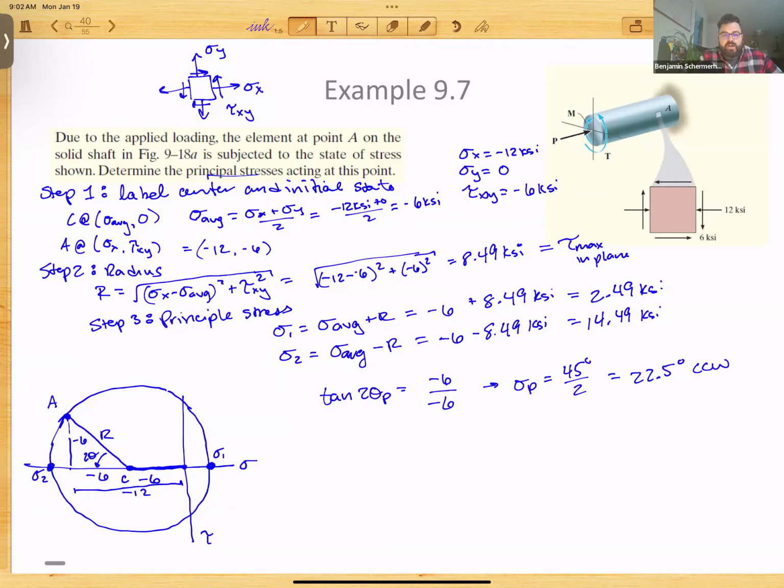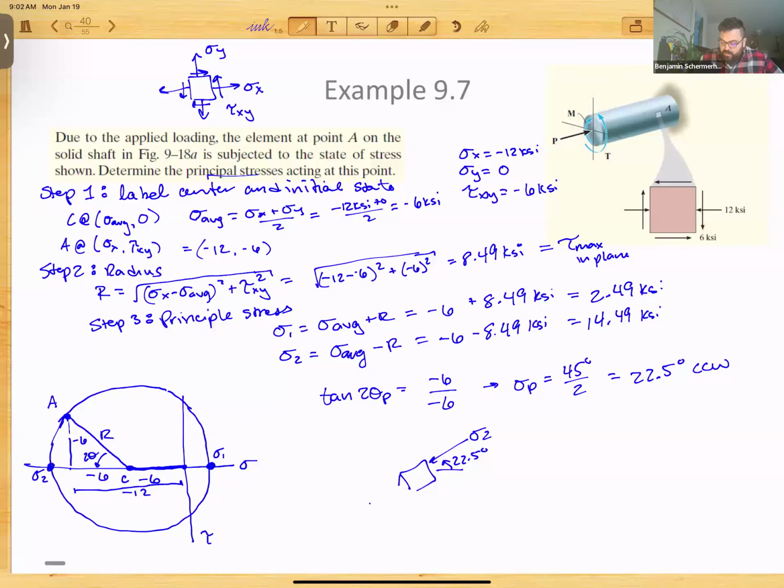We only have to go counterclockwise because if we go counterclockwise, even though our x-axis is going to be the sigma 2, our y rotated axis is going to be sigma 1. So we're rotating 22.5 degrees. This is going to be sigma 2, which is negative. I should draw it negative.